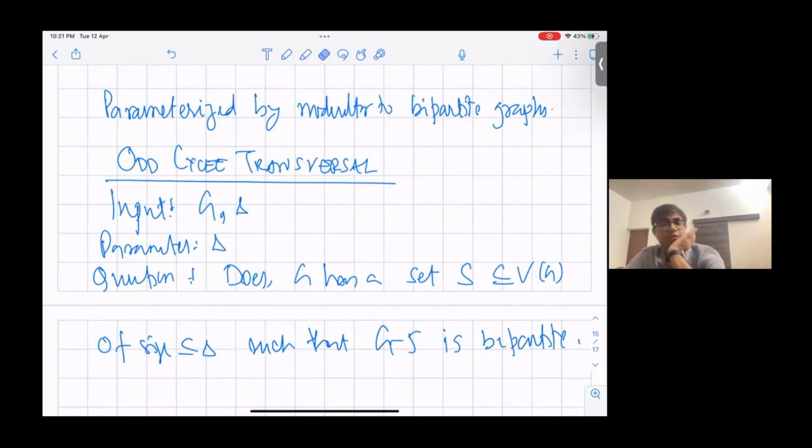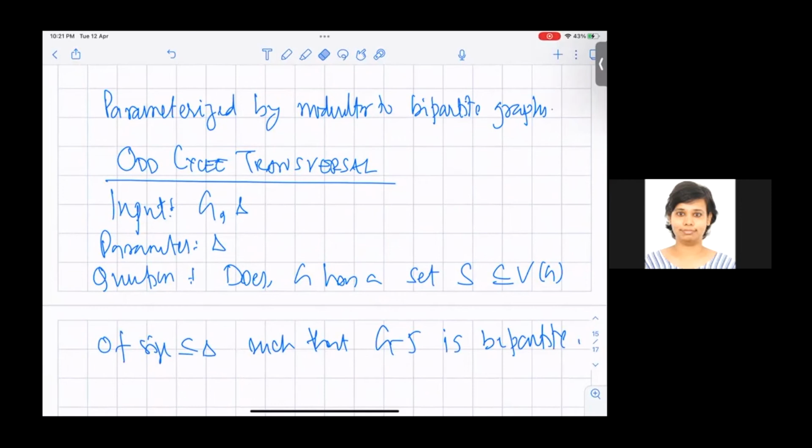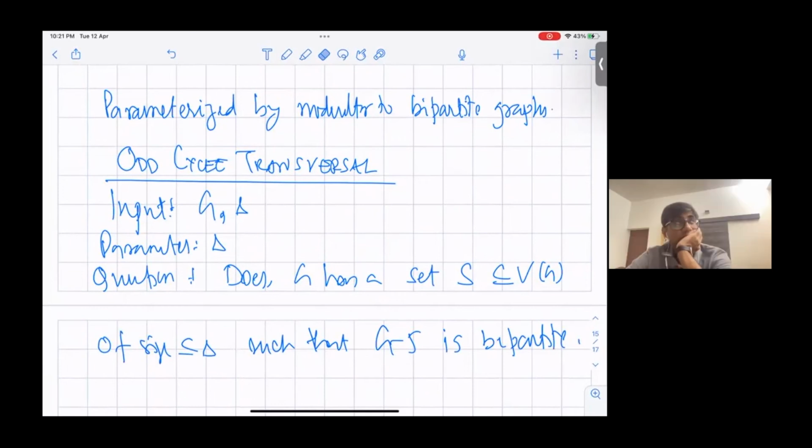Do you know any approximation algorithm also for this problem? So this has no constant factor. Not known, or we can prove that there is no constant factor approximation? Yes, we can prove. Okay.